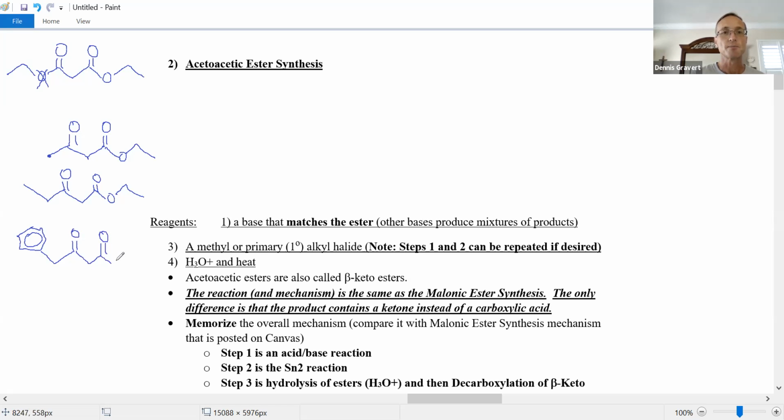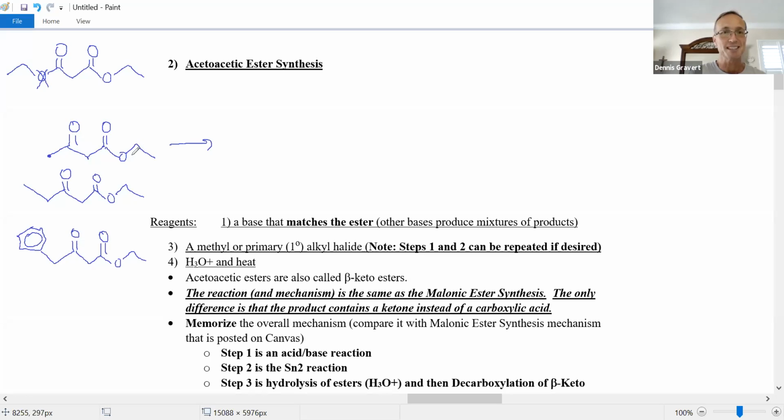The point is, the acetoacetic ester synthesis is much more useful. Hope that didn't show up in the recording. Probably did. Much more useful than the malonic ester synthesis because you have so much variety out here. But it's exactly the same. Let's pick this one. This one is acetoacetic ester. That's the parent here. Acetoacetic ester is the common name. It's malonic ester synthesis, but with the ketone and an ester.